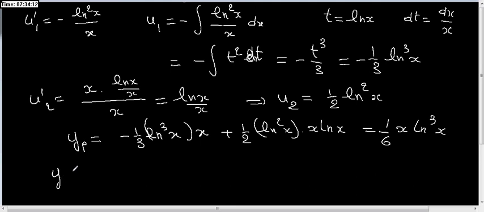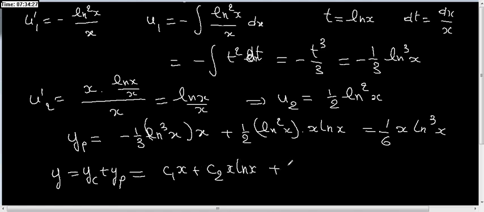And finally, y is yc plus yp. Yc was c1 x, and then c2 x ln x, and finally 1 over 6 x ln cube x. And that's how to apply the method of variation of parameters.